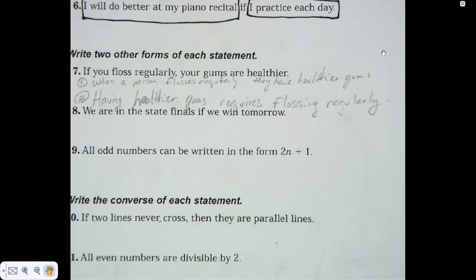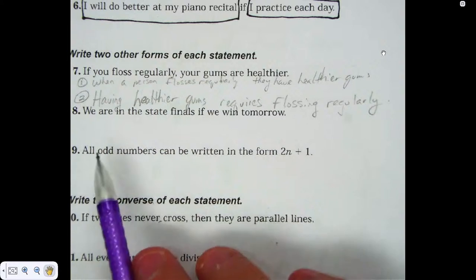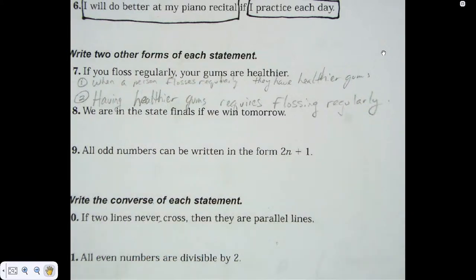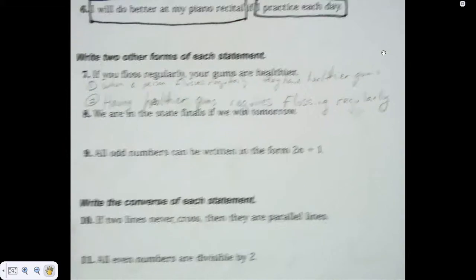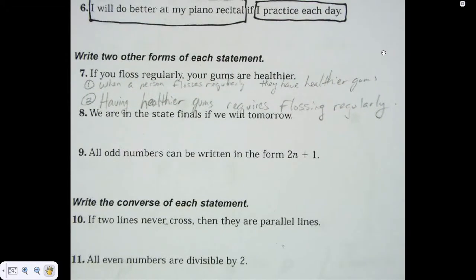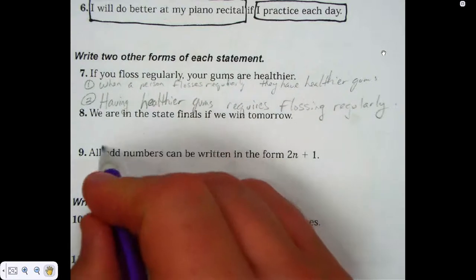All odd numbers can be written in the form 2n plus 1. Right here. What do you think is your hypothesis? This kind will mess with you. If they ask you for the hypothesis here, what are they saying? If what? If it's an odd number.